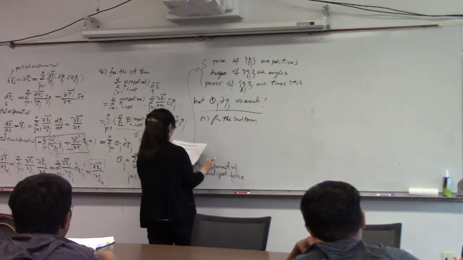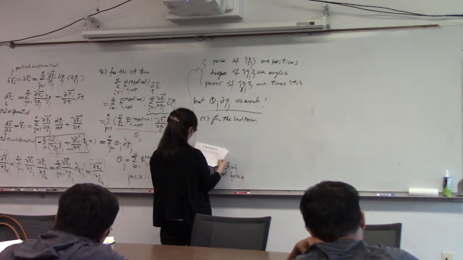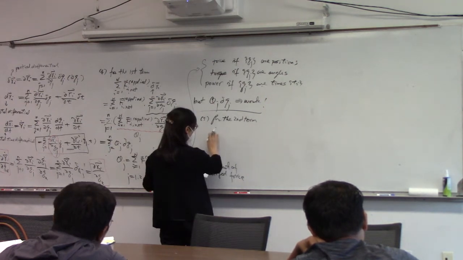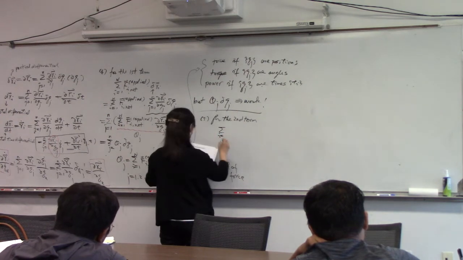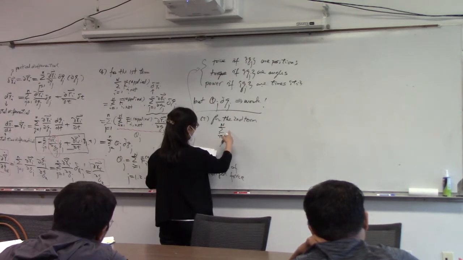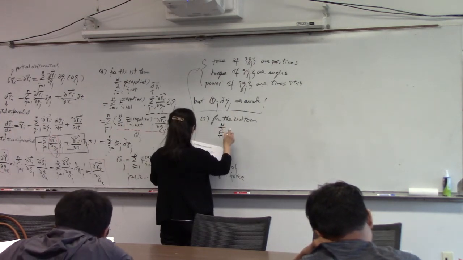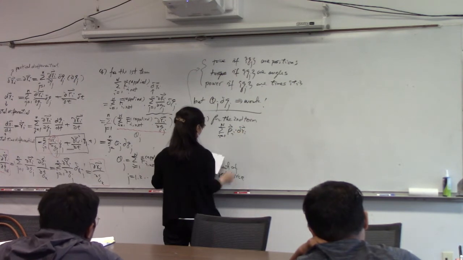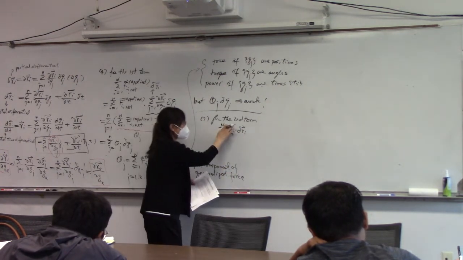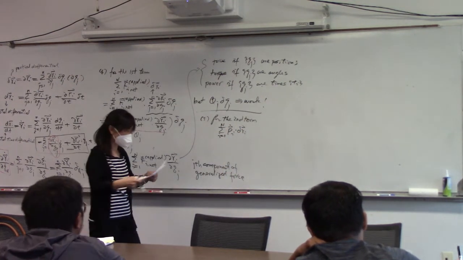So if you remember, ignore this negative sign. We are going to add them together. The second term is this so-called revised effective force, right? Pi dot inner product delta ri, right? So let's look at this term. This term is not equal to 0, but let's see how much.